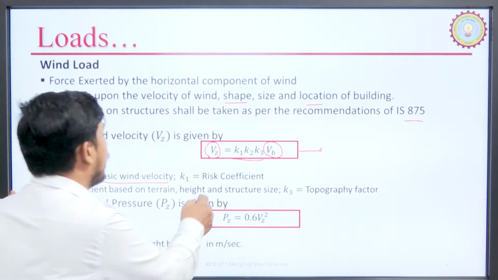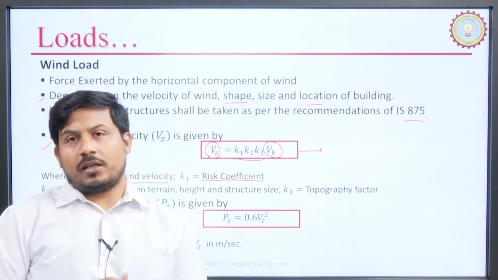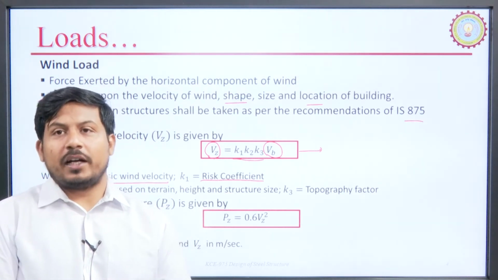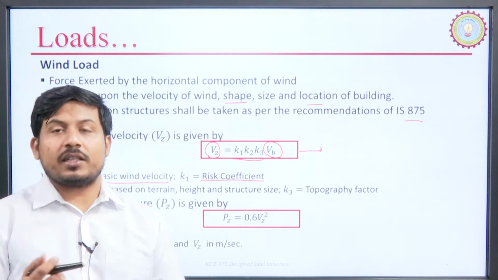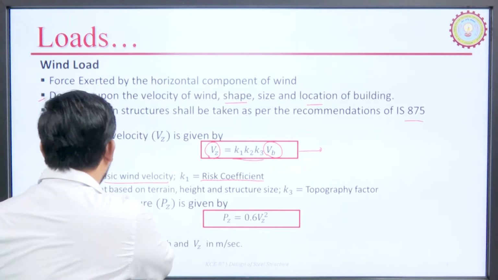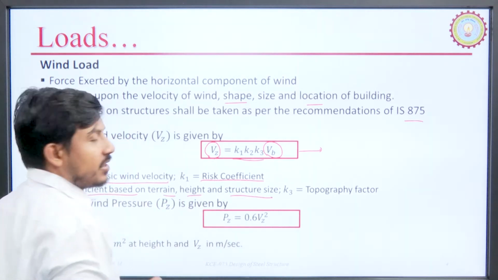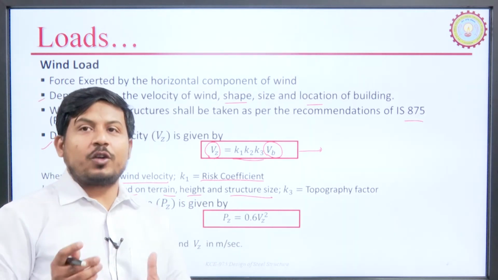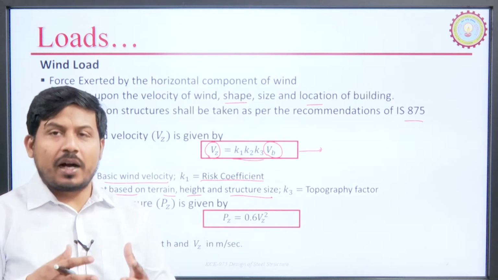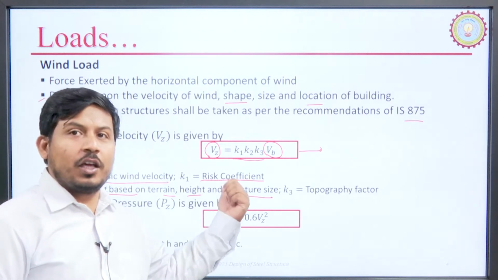K1 is basically indicating the risk, okay, how risky that load can be for the building. Okay. Then K2 indicates the coefficient based on the terrain, height and the size of the structure. Okay. K2 combines the effect of all these three parameters in this equation.